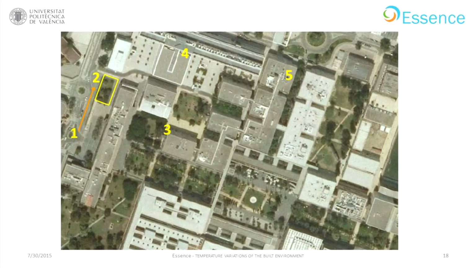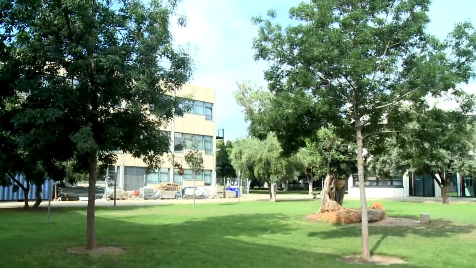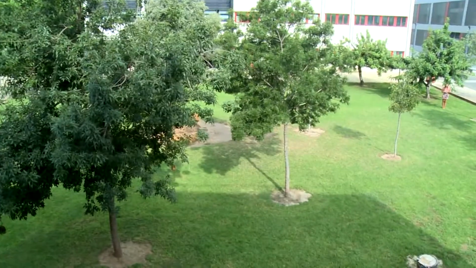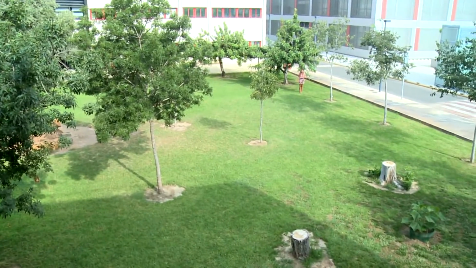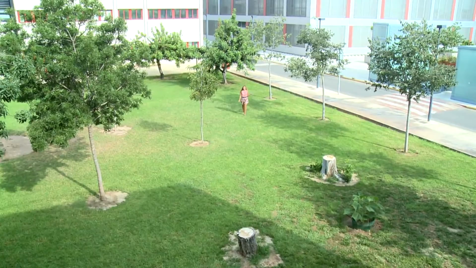The third sample point is a piece of garden of lawn with some small sparse trees and low tree-covered surface. It is the southern part of a bigger rectangular square delimited by buildings of 2 flat heights. It is a quite sunny open space area most of the day.